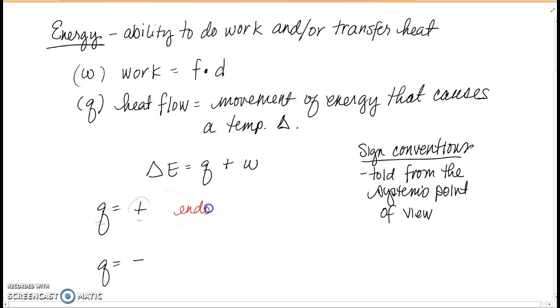It is endothermic. So the surroundings around it get cold. The system itself might get warmer, or it might use that energy to break bonds or cause something else to happen. If Q is negative, then the system is losing heat, and so that's exothermic. Those should be familiar to you.